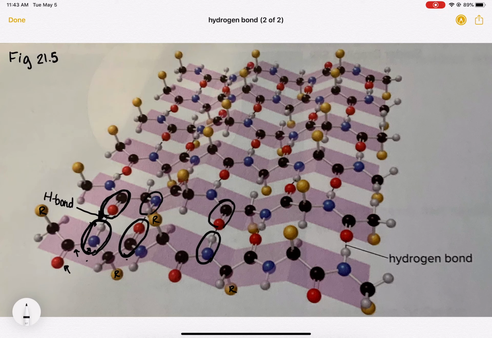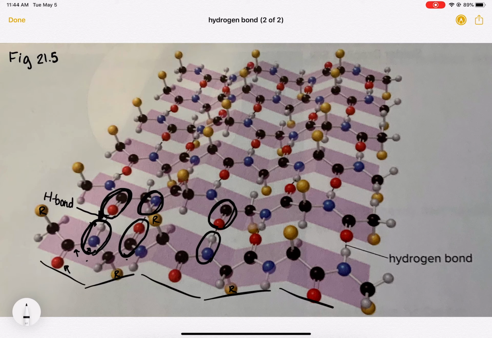So these guys that I just circled are all side by side with each other as well. And so this creates a flat pattern of amino acids that are side by side, and due to the shape of the amino acids in general, it does give a kinked up shape, which is why we call it a pleated sheet. This looks like it's a little bit folded.